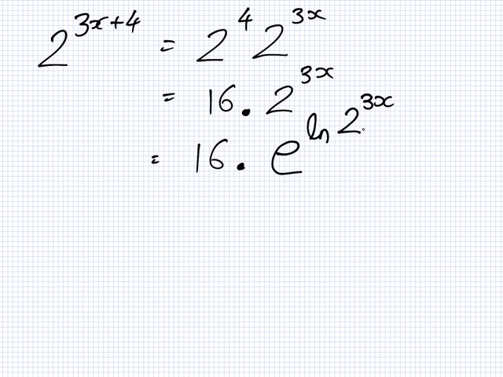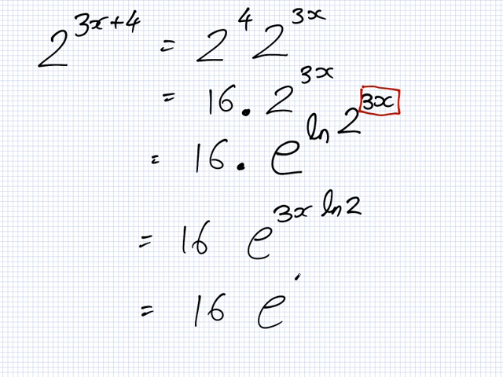Now I know this is looking pretty big here because it's e to the power of log of 2 to the power of 3x. So we can simplify this. This 3x here can come down in front of the log. So we can write this as 16 times e^(3x log 2), or a little bit neater, 16 e^((3 log 2)x).